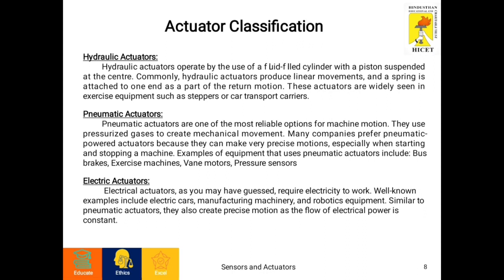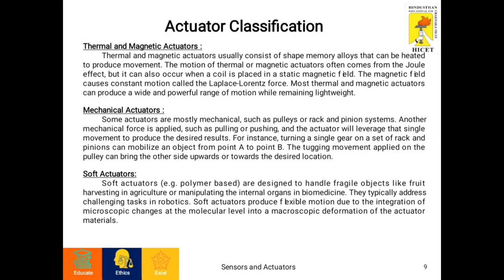The next one is thermal and magnetic actuators. Magnetic actuators use magnetic fields to generate force. Thermal actuators use the expansion or contraction of materials in response to temperature changes. The next one is the mechanical actuator. A mechanical actuator functions to execute movement by converting one kind of motion, such as rotary motion, into another kind, such as linear motion.